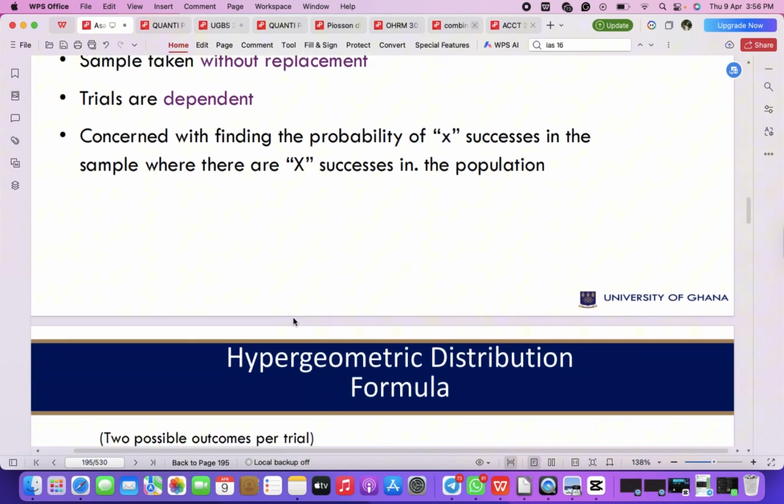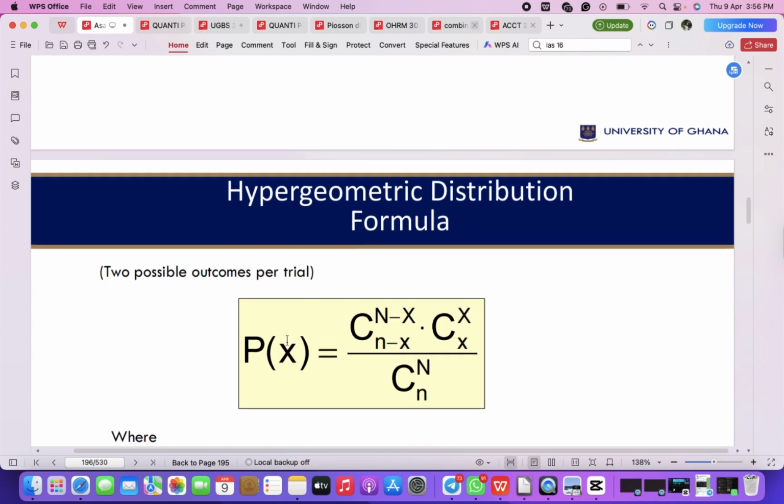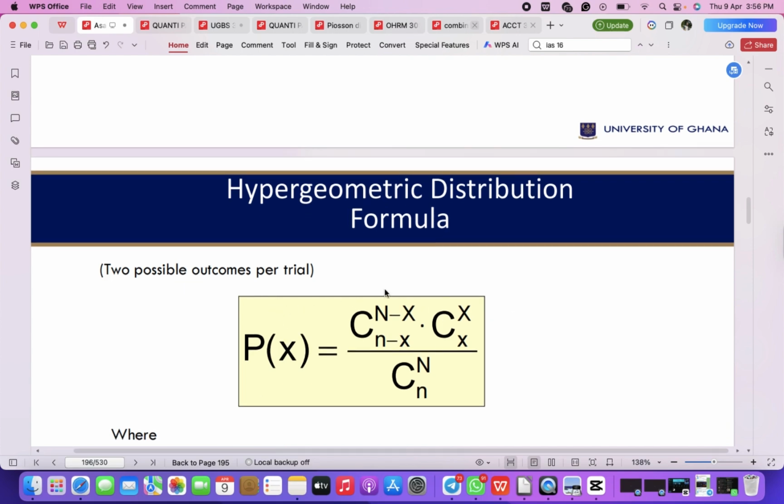Okay. So for hypergeometric distribution, this is the formula. They're saying that the probability of the sample selected is equal to the combination of N, the population size, minus this X, that is the sample that they will select, right? And then this n minus another x. This x is a subset of this big X. So imagine, let's assume this is the population size, and out of the population they said females.